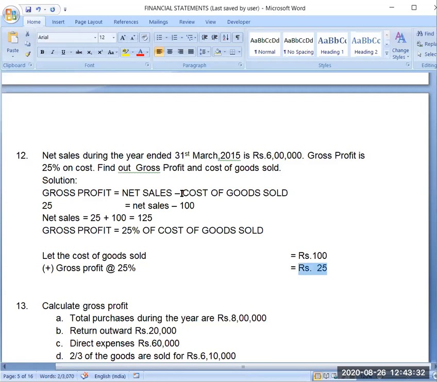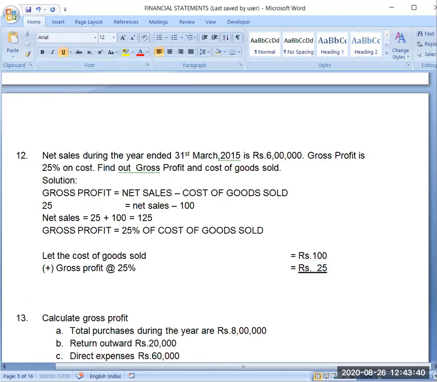So here your amount of net sales is equal to rupees 125. So one working note has been completed.